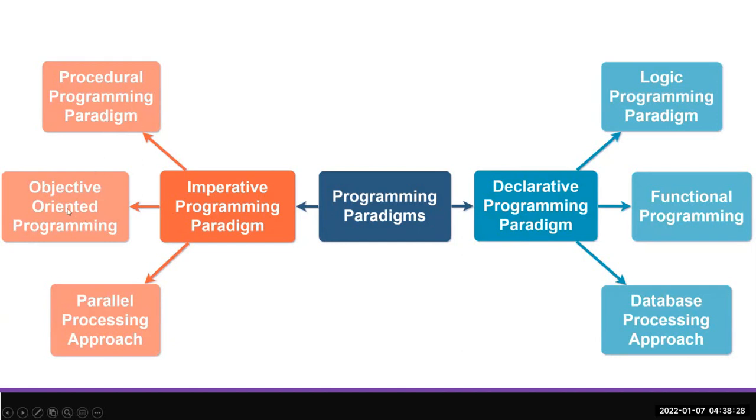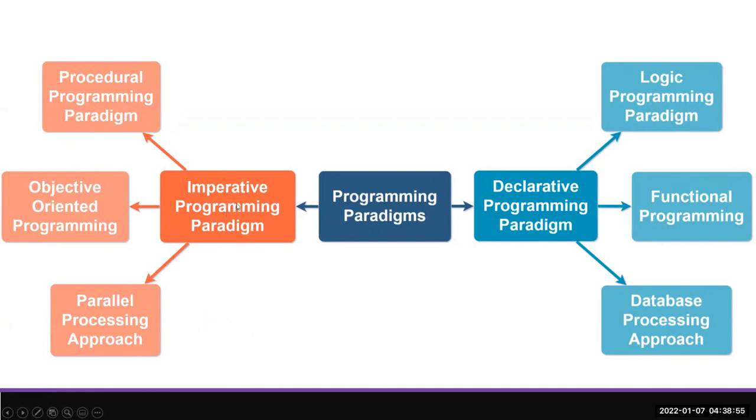Then we have the object-oriented programming paradigm that uses objects, methods, and member functions, and it is considered to include the procedural programming paradigm. Then we have parallel programming, with fork, join, and parallel processing, but each of the threads can still be a procedural programming paradigm.